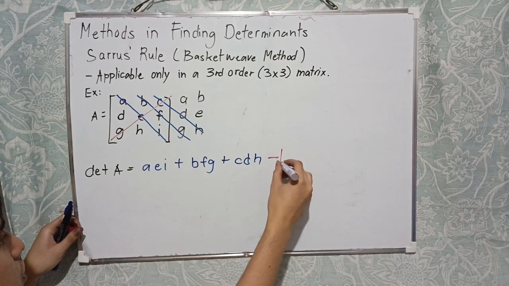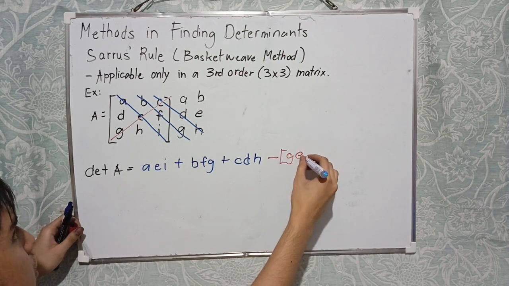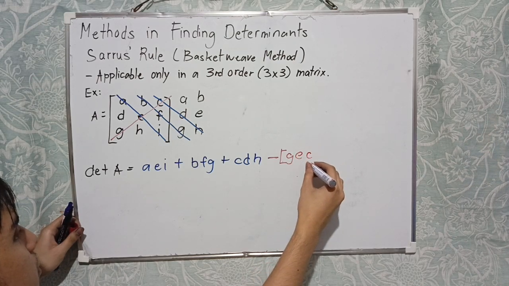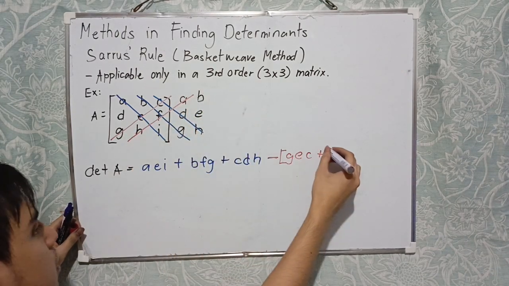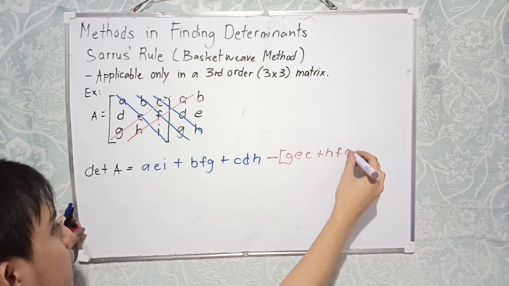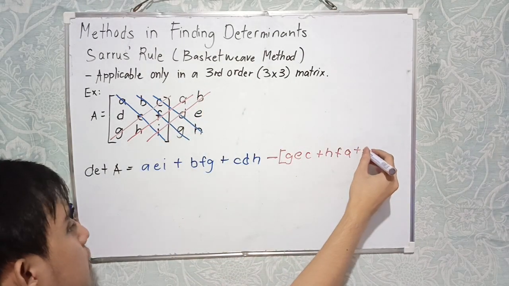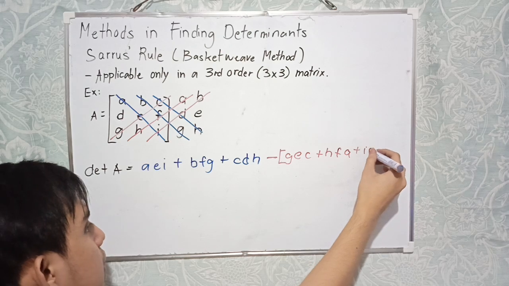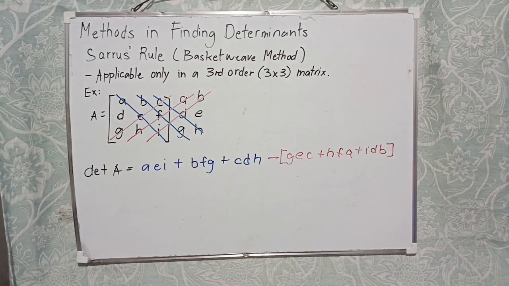Minus G, E, and C, plus this one, H, F, and A, and this, plus I, D, and B. So this is the general formula on how to solve the determinant of a 3 by 3 matrix.